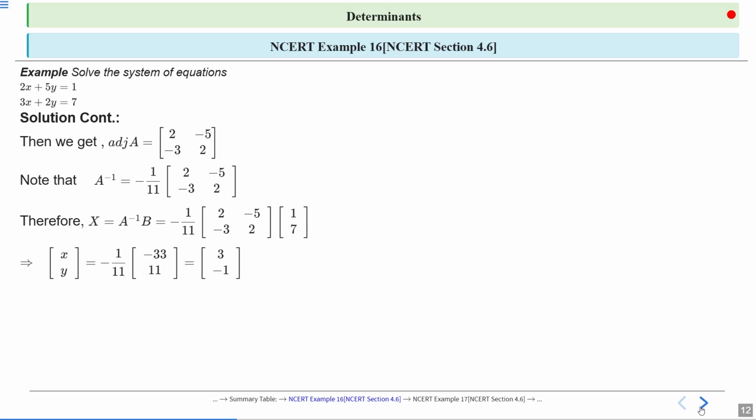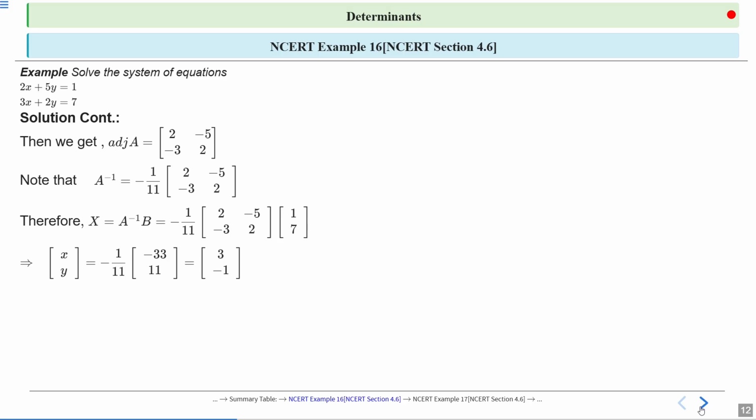And then take the second row, that is minus 3, 2, and multiply with the first column. So minus 3 into 1 plus 2 into 7. Minus 3 into 1 is minus 3, and 2 into 7 is 14. So you get minus 3 plus 14, that is 11. That's how we multiply matrices.